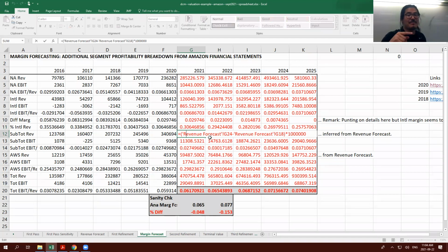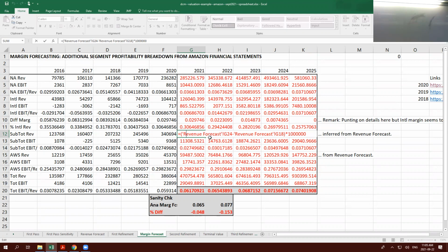So take that, and then I take my revenue forecast numbers. I'm trying to connect things as much as possible. The reason I aggregate them that way is because the way I split divisions last time is different from the way I'm splitting them here. What I know is that North American revenue plus international revenue from this table logically should equal online store, third party, and other from the last one, because there's only one truly common component, which was AWS.